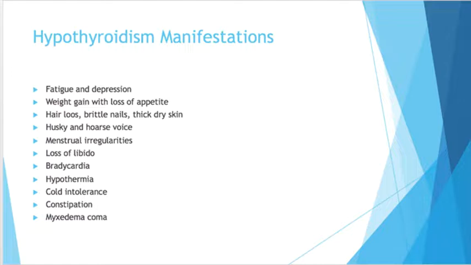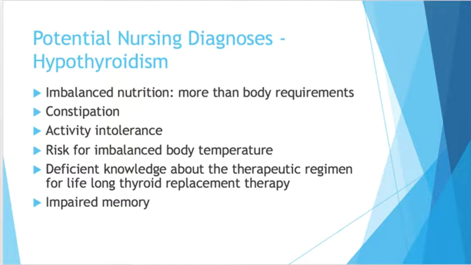They might complain of a husky and hoarse voice, menstrual irregularities, loss of libido, bradycardia, hypothermia, cold intolerance, constipation, and of course, worst case scenario with uncontrolled hypothyroidism is a myxedema coma.